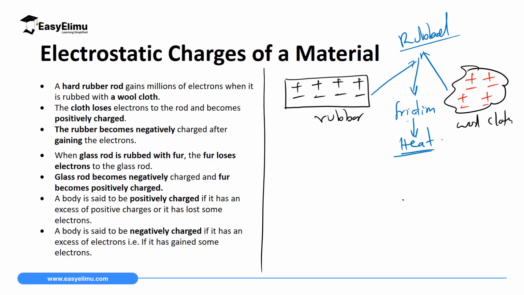Their movement will increase. If their movement increases and these two materials are in contact, remember when they are in contact, it's only the electrons which are in contact with each other. Since we said protons which are positively charged are inside the nucleus and it's very hard for you to reach them. So when these two materials are in contact, it is the electrons which are in contact.